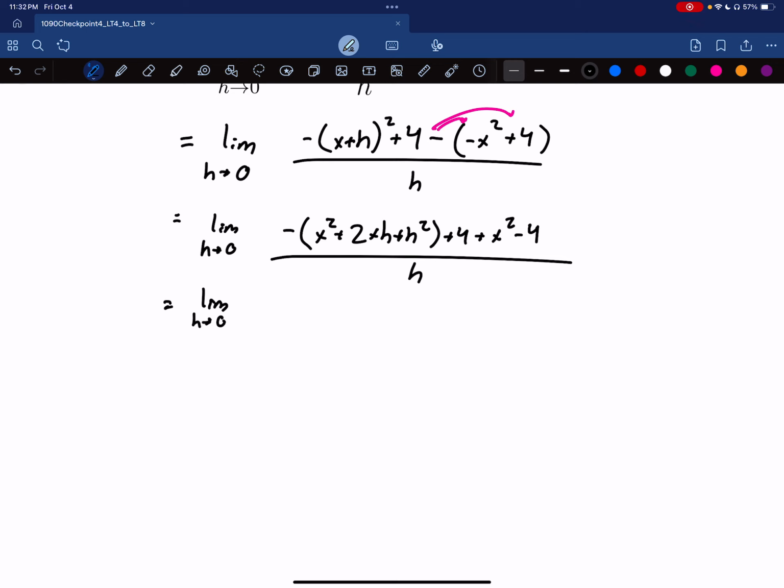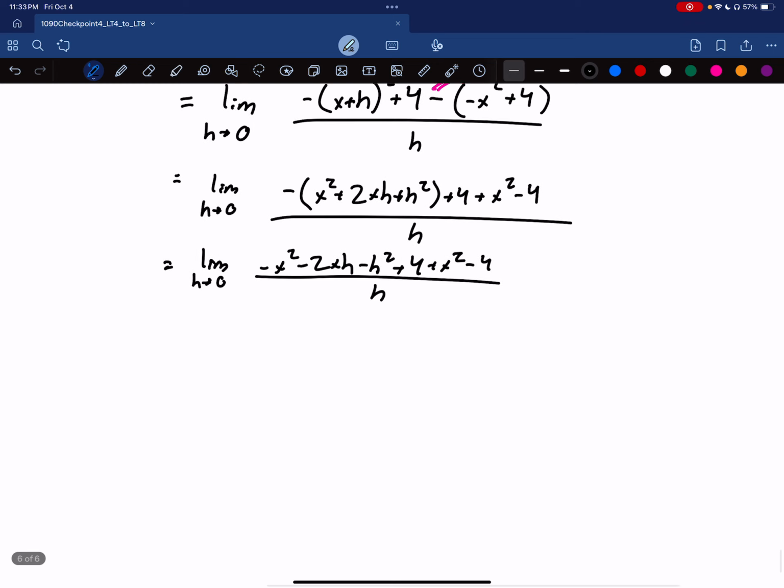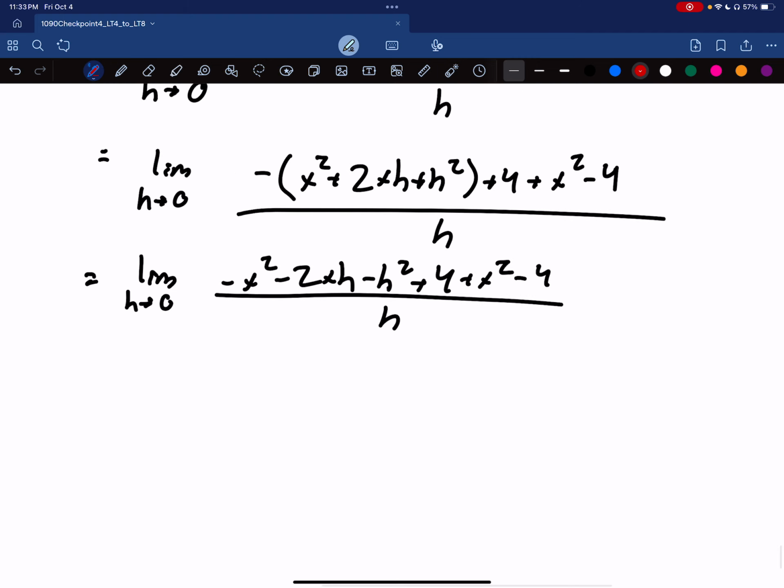All right, let us distribute that negative 1 in front of the polynomial. We have negative x squared minus 2xh minus h squared plus 4 plus x squared minus 4 all over h. Now look at this and I see a few terms that we could cancel out.